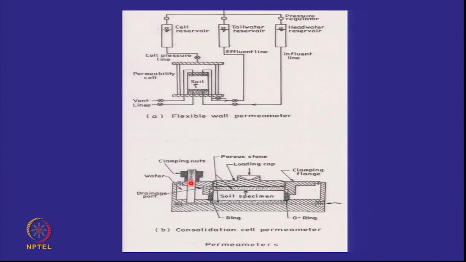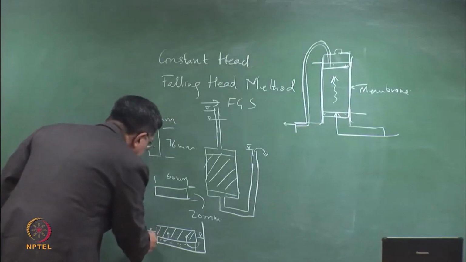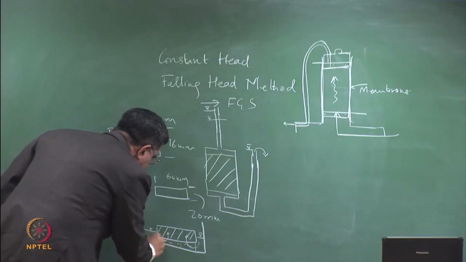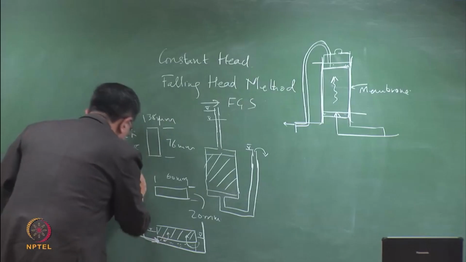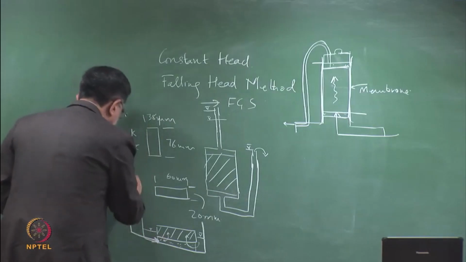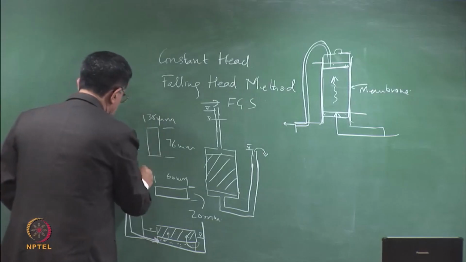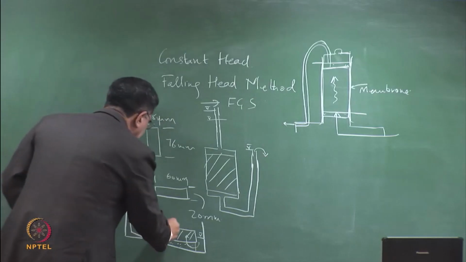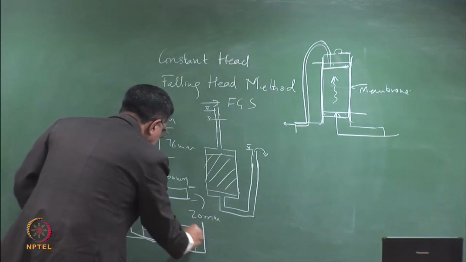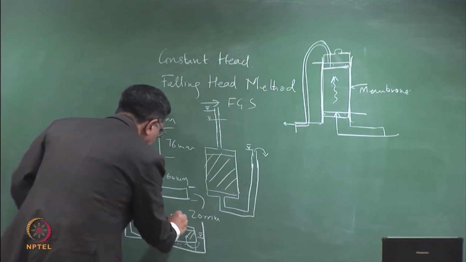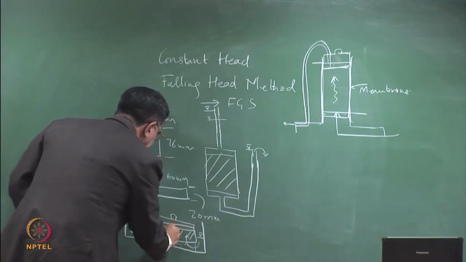So if I go back to my diagram here, I can attach water to flow under a head, and I have a porous stone and I have a loading cap, if you recall.